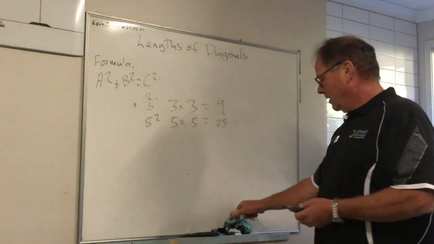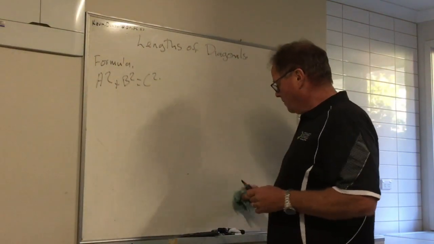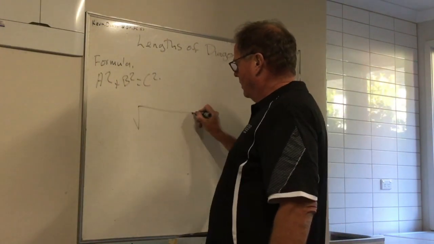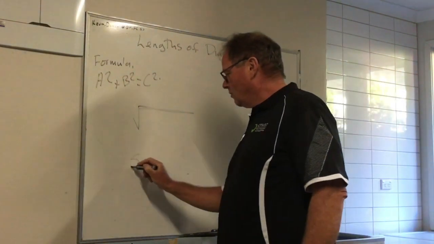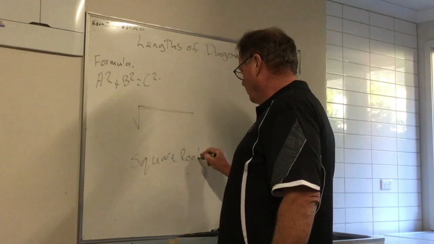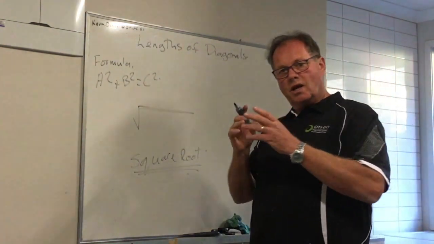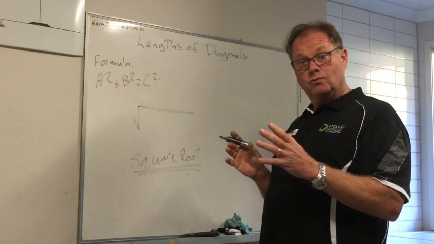Now the trickier bit is for finding out, and this is where we use that there symbol, which is for square root. Square root. Now what's square root? Square root is when you've got a number and you have to find out what times what equals it.